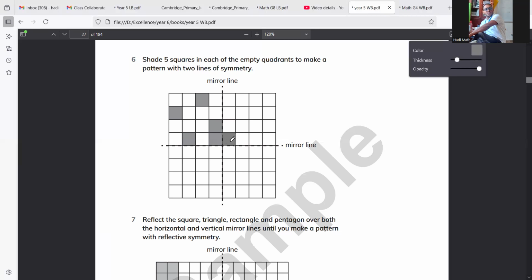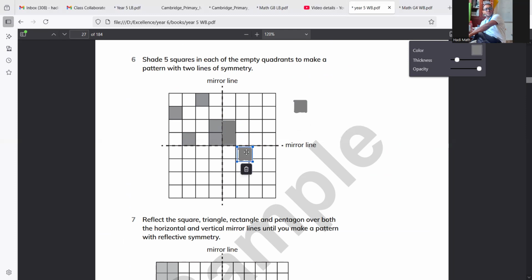This is how you're going to shade them. Okay, so in each one of them, we need to shade 5. So you shade this one here. You're gonna shade this one. Be close to it.